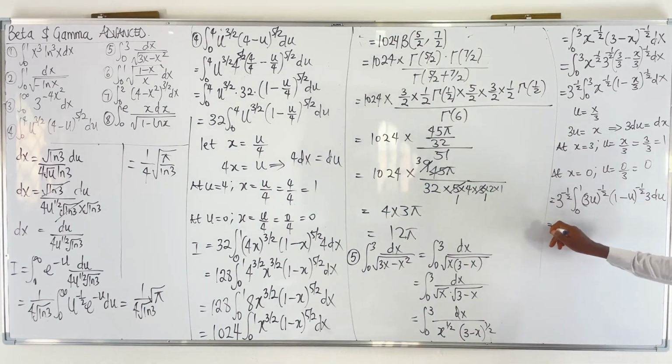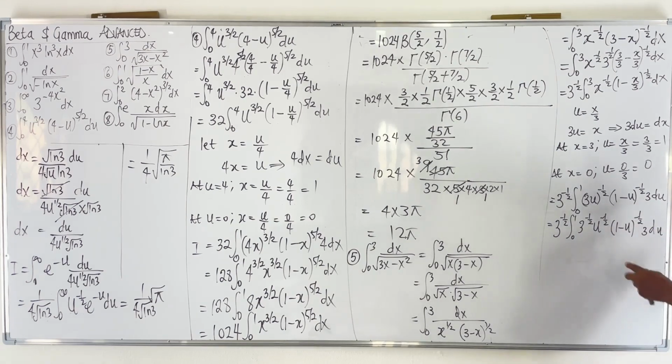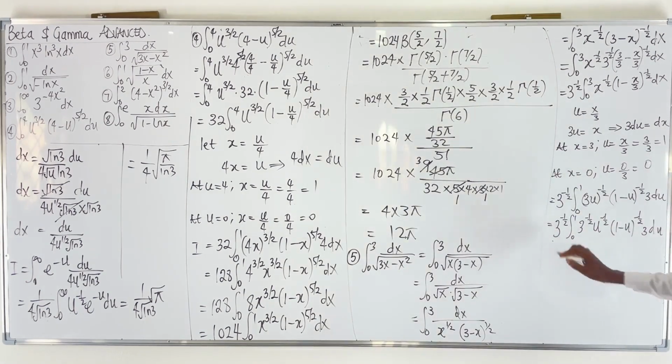This will then become 3 to the minus half, integral from 0 to 1. Now when you expand this, this will be 3 to minus half, u to minus half, 1 minus u to minus half, 3 du. Now look at this, this is a constant, this is a constant, this is also a constant.